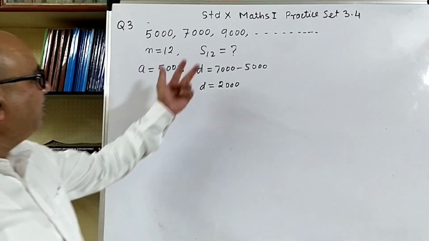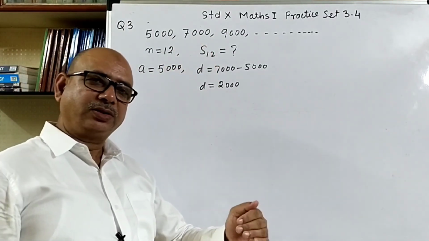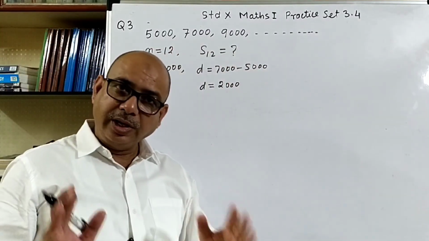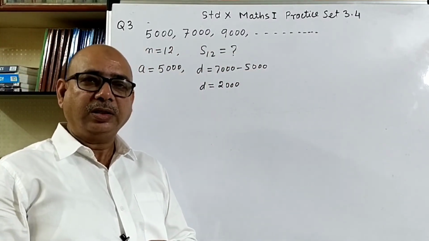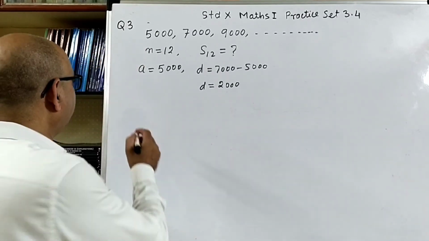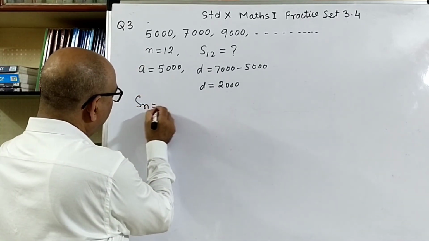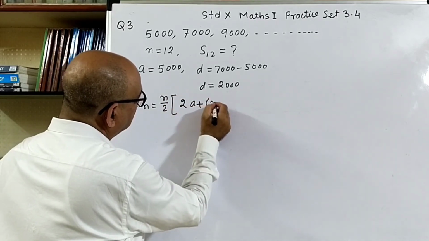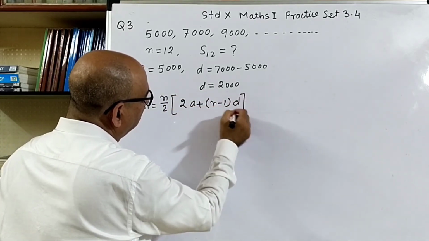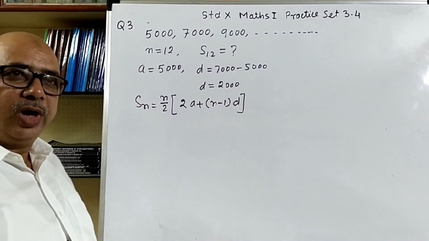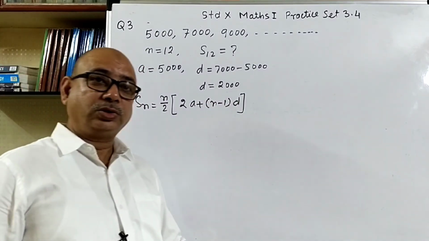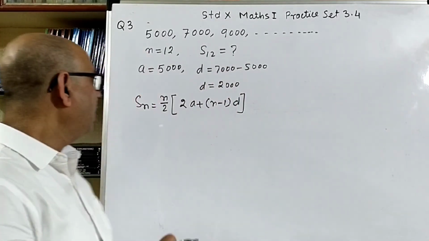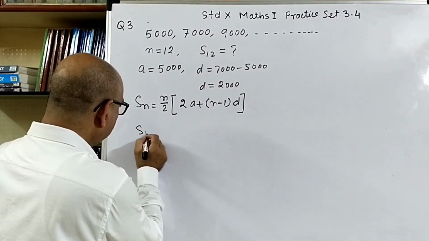If you find the difference between these two terms, 9,000 minus 7,000 is also 2,000. That means the given sequence is an AP. And the sum of the nth term of the AP is Sn is equal to n by 2 into 2a plus n minus 1 d. We have to find out the total amount invested up to the 12th year. That means we have to find out the value of S12.